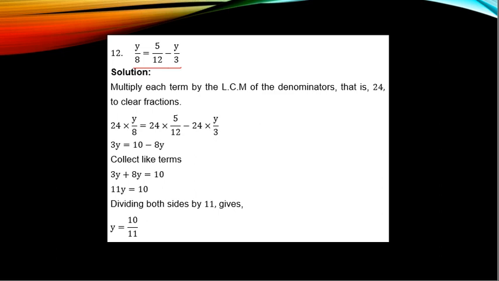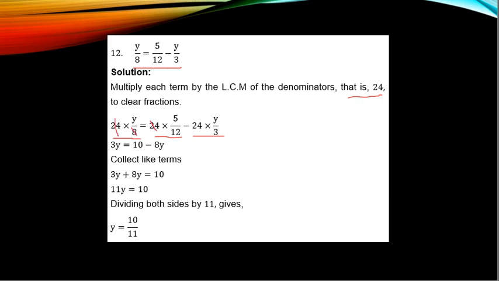To clear the fractions, you find the LCM of all the denominators, and that is 24. So you multiply the first fraction by the LCM 24, the second fraction by the LCM 24, the third fraction by the LCM 24. You divide 24 by 8, you have 3, that is 3y.